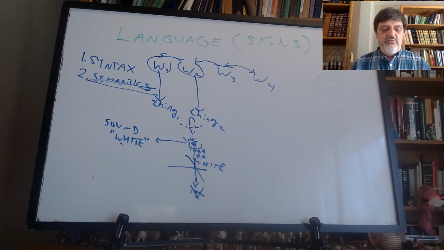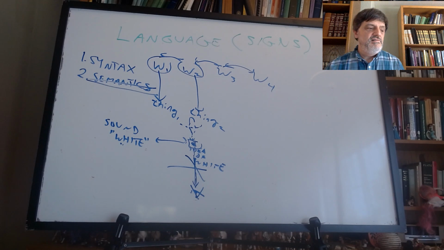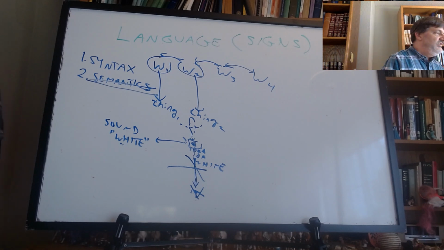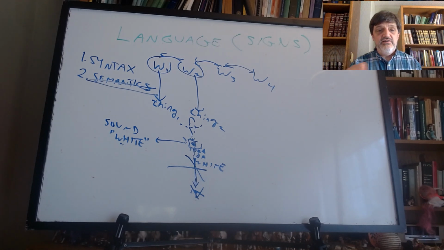But Berkeley says, no, you don't need a general idea, you just need the general name. And the general name can stand for any number of different particular ideas. So here, stand for is the purely syntactic relationship.